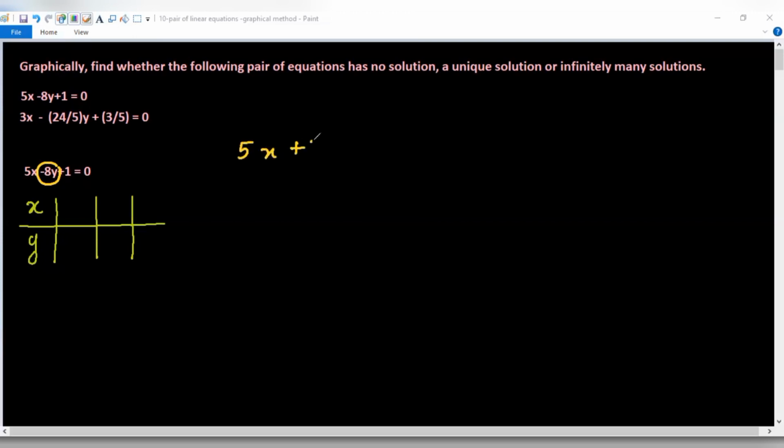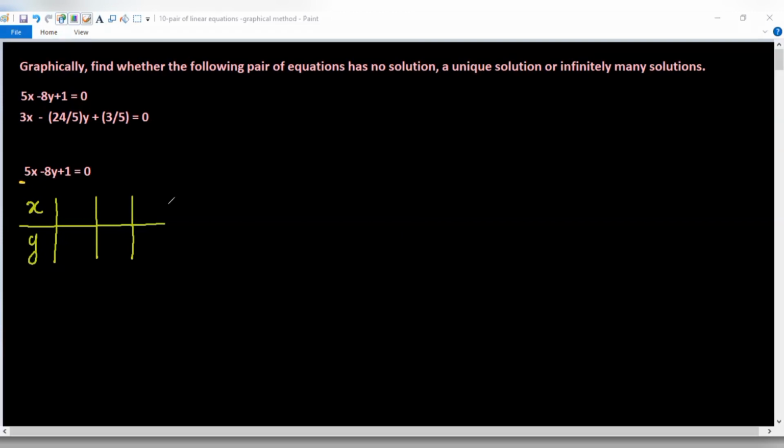So 5x plus 1 equal to 0. Again, 5x equals minus 1. Then we take this plus 1 to the right side, it will become minus 1, so x is equal to minus 1 by 5. See, this is also not good. We cannot plot this. So we have to find some other ways.